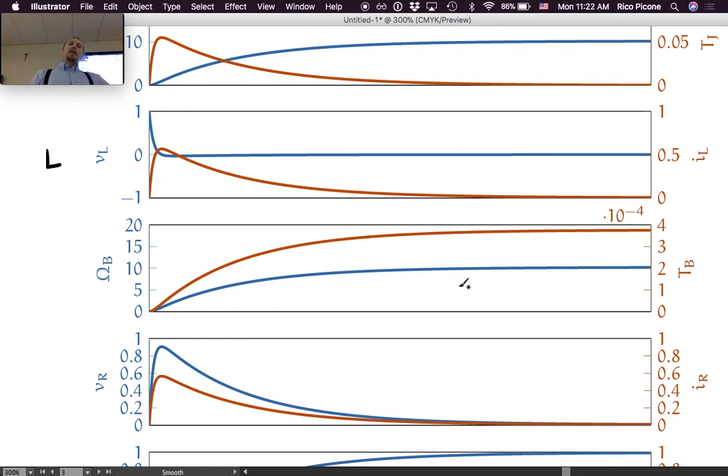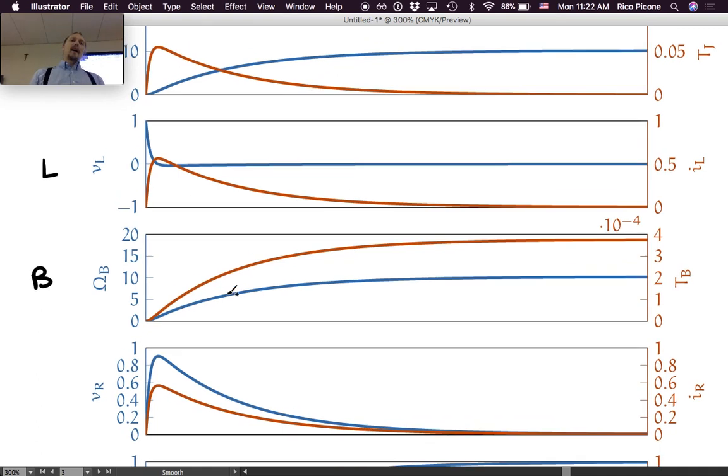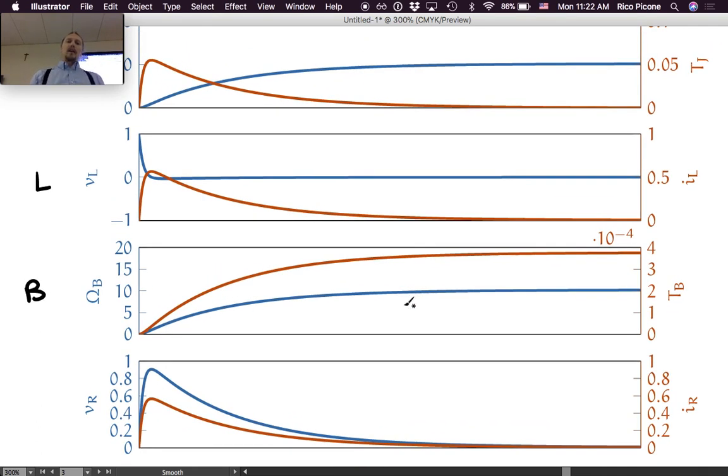The damper has the same angular velocity as the flywheel, so that is going to look the same. But the torque is going to increase as the speed increases. That's what dampers do. The torque increases with the speed.